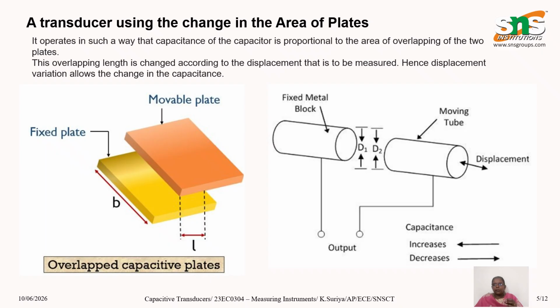This principle is commonly used for measuring linear displacement. As the object moves, the overlap changes continuously, producing an electrical output proportional to the displacement. One of the major advantages of this method is that it provides a nearly linear relationship between displacement and capacitance, making measurements simpler and more accurate.